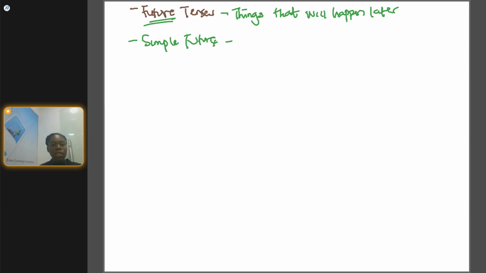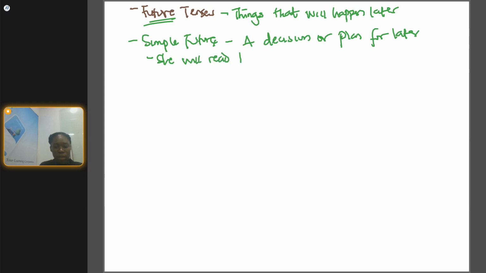You can imagine just packing your bag for a trip next week. So you are planning for later. You're not planning for the present, but you're planning for later. So you can say something like, she will read the book tomorrow. That's like a decision or plan for later.